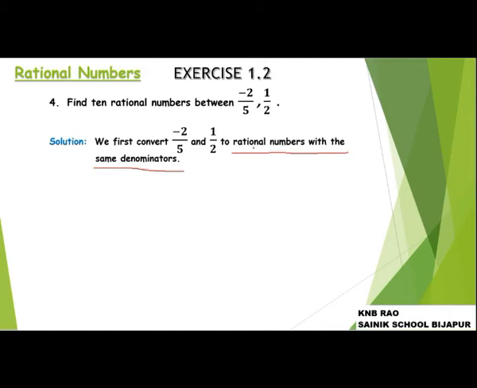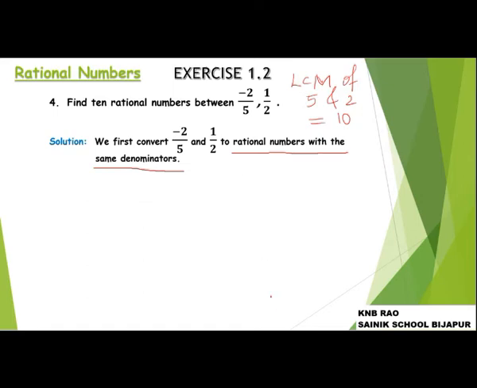How to write? You know LCM of 5 and 2. What is LCM of 5 and 2? LCM of 5 and 2 is 10. So I can use either 10 as the same denominator or a multiple of 10 also I can use.